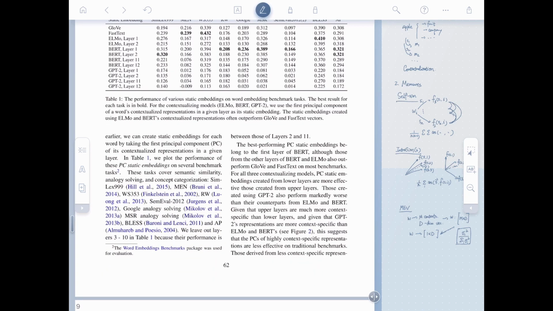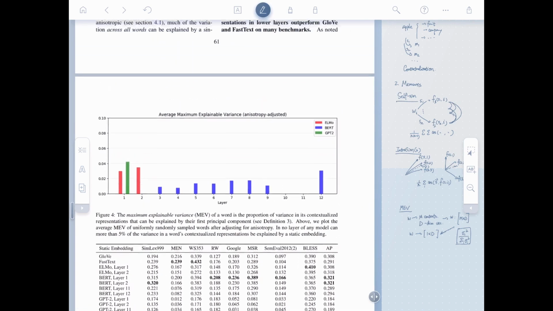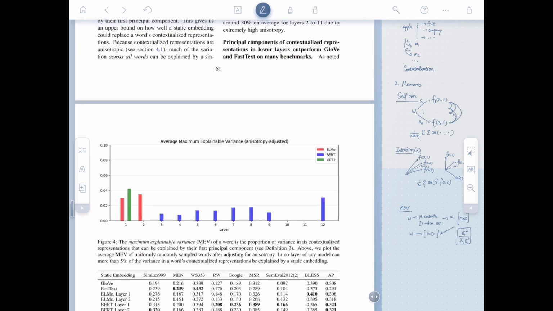Why not upper layers? I think this is because as you add in more contextualized information, you discard some of the original meanings of those words, which are important when you reduce them to static word embeddings.